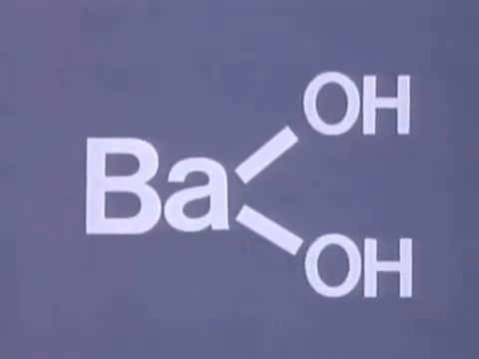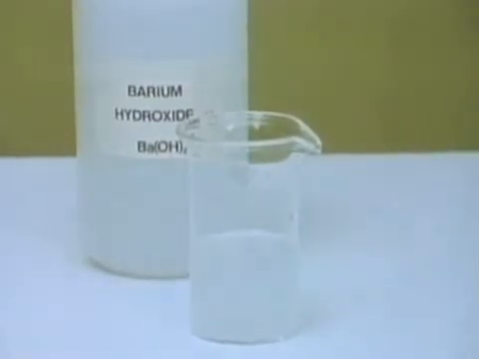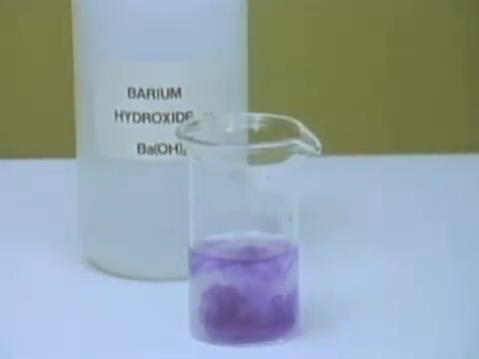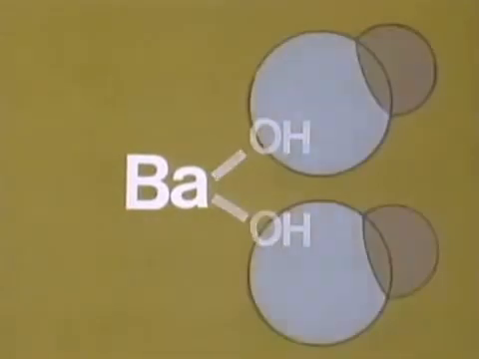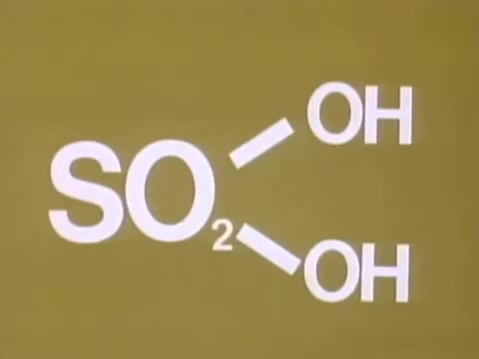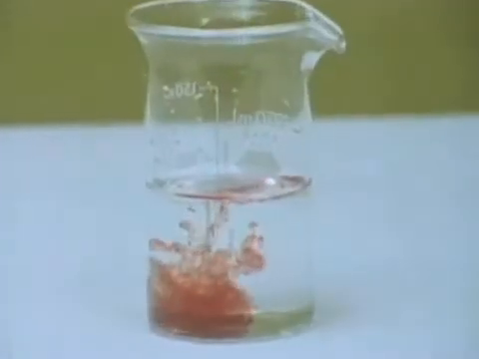The first substance is barium hydroxide. A solution of barium hydroxide turns litmus blue, so it's a base, contributing hydroxide ions to the solution as the bonds break between the barium and hydroxide groups. A solution of the second substance turns litmus red.